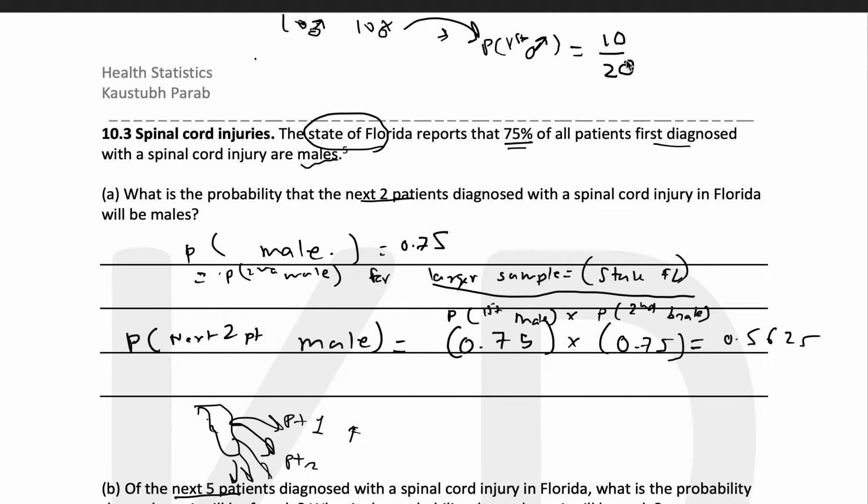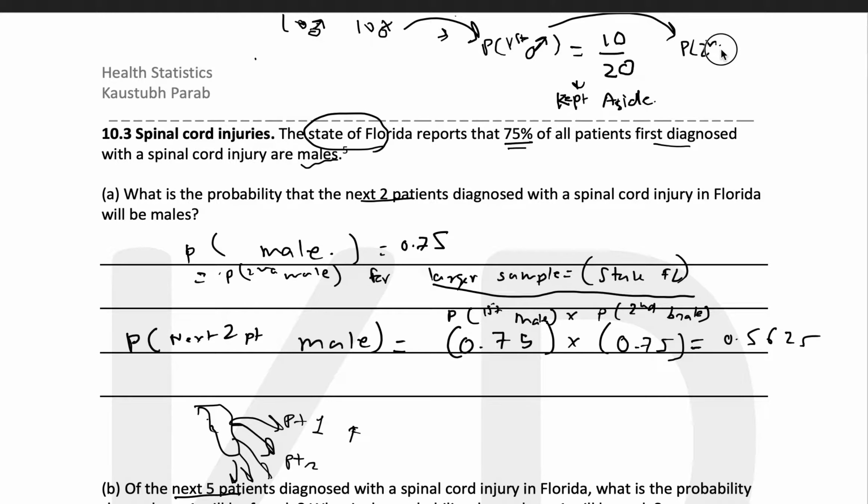But now say you have kept the first frog aside, so you're not putting it back into the pond, and then you draw a second frog.